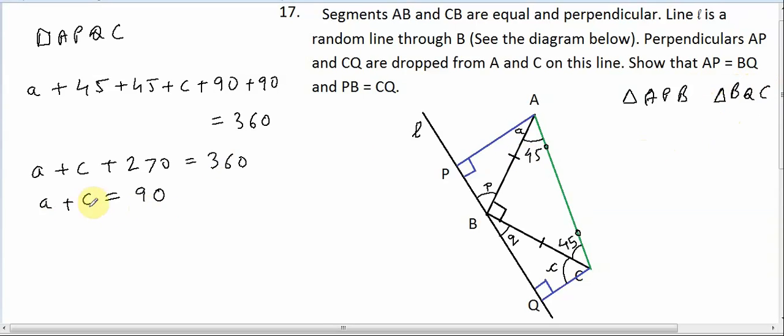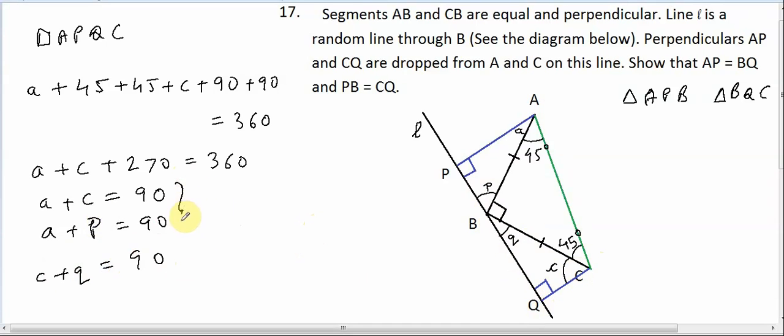So angle A plus C is 90 degrees over here, and further we have A plus P is also 90 degrees, angle sum property for triangle APB, and further we have C plus Q is also 90 degrees, angle sum property for triangle BQC.